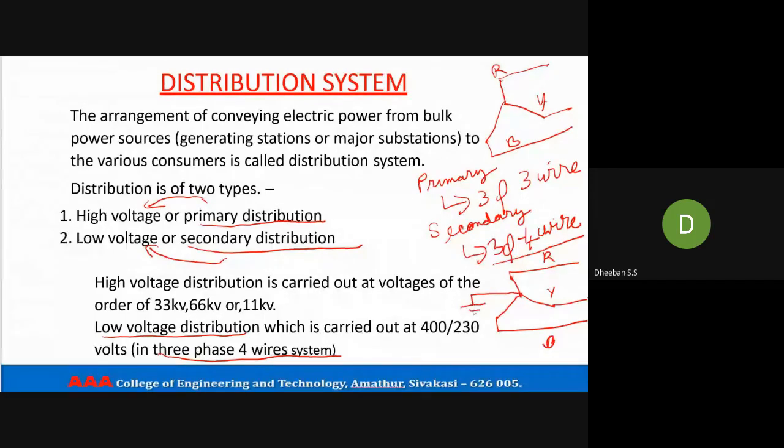So this wire contributes to your neutral point. This is your three phase three wire system, and this is your three phase four wire system. The domestic load, what we are using in our household and all, will be falling under this category.